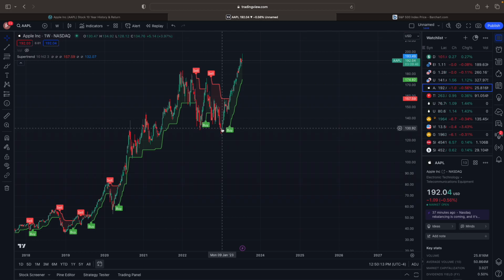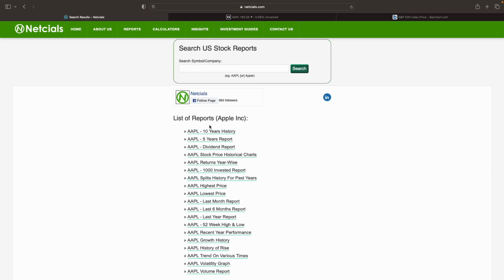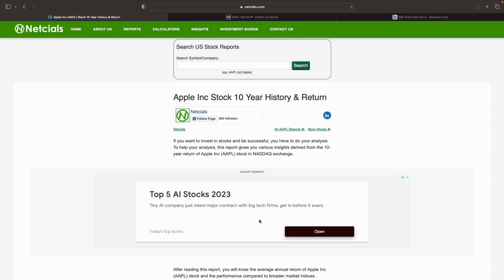So by the end of the year, Apple should be at $169 if it returns its 30% that it's supposed to return annually. And we found that out on NetTools, that it said Apple returned 30% annually. We came to the 10-year history.